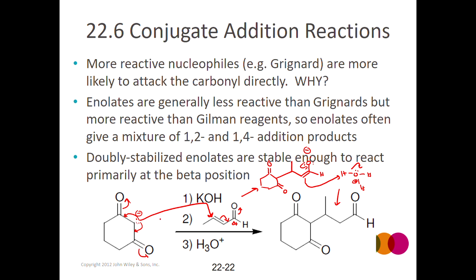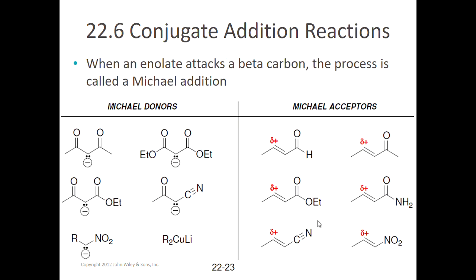I'm getting two large fragments and getting one to attack the other and forming a new carbon-carbon bond here in a pretty controlled way. I end up getting carbonyl carbons that are 1, 2, 3, 4, 5 atoms away. It's a key feature of this reaction. And so this has a lot of synthetic utility, and we want to explore a few more options here.